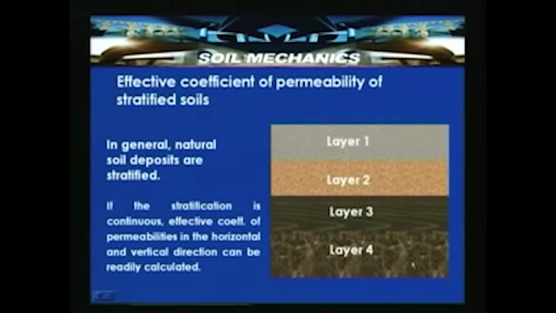If this stratification is continuous, then our primary goal is to arrive at the coefficient of permeability of the soils if they are stratified. If the stratification is continuous, the effective coefficients of permeability both in horizontal and vertical directions can be computed by using the fundamental principles of flow of water through soils.